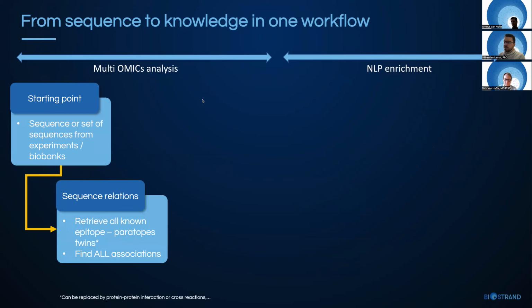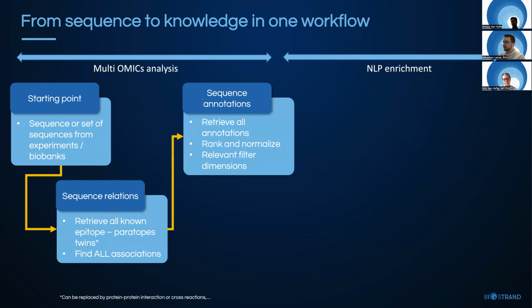And these sequences can have relationships with each other, for example, between epitopes or paratopes. It does not really matter what the exact nature of the relation is in this case. We simply use that as a baseline to perform a query.